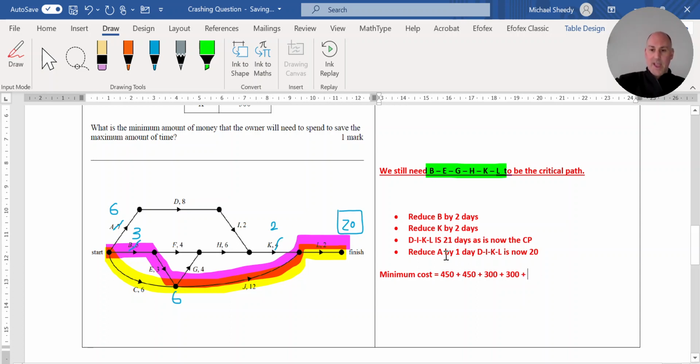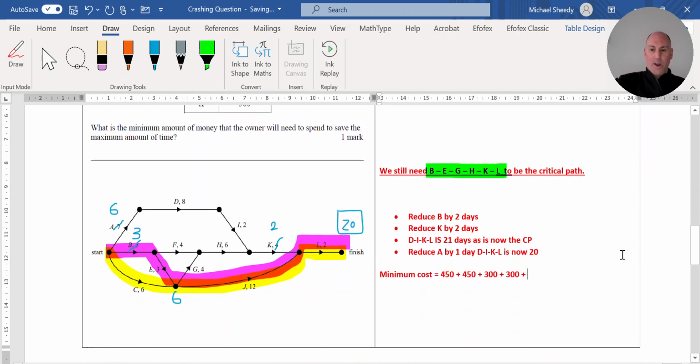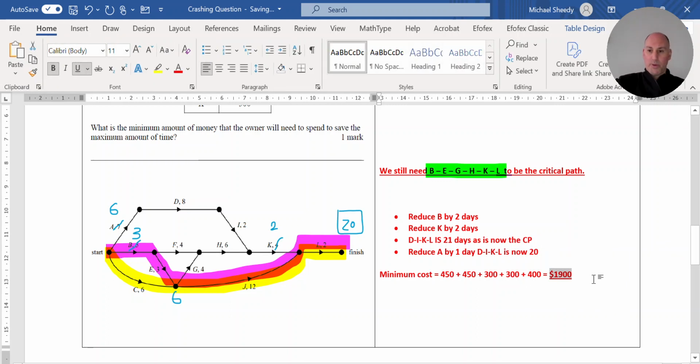And then I reduced A by 1 day, and the cost of reducing A is 400. So adding all of those together will give me the total minimum cost of $1,900, and that is the answer to the problem.